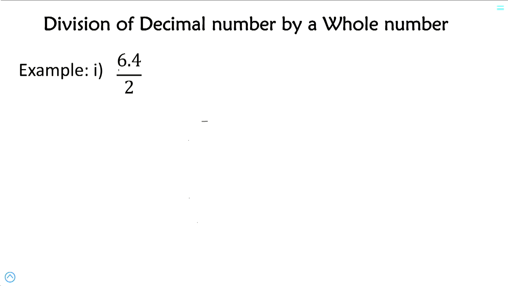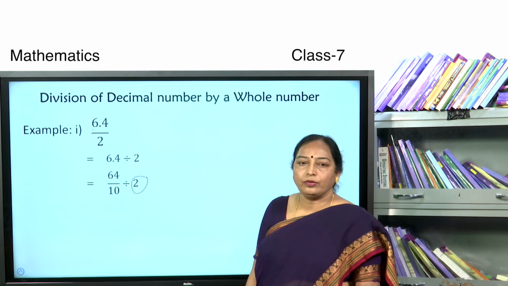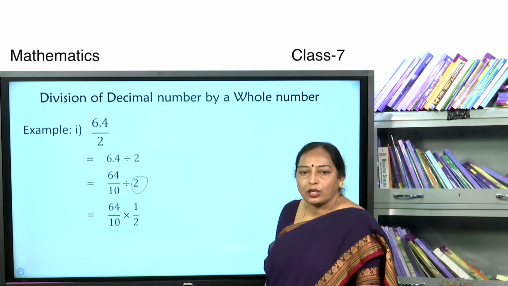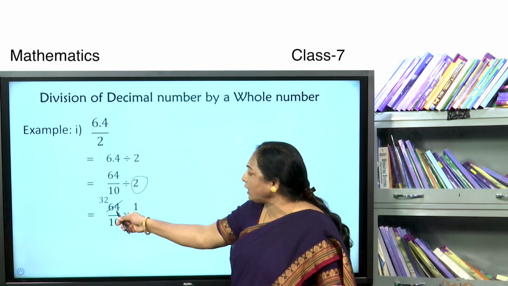For example, 6.4 divided by 2. Convert 6.4 into fraction form. It can be written as 64 by 10 divided by 2. 64 by 10 is multiplied by the reciprocal of 2, that is 1 by 2. 64 and 2 have a common factor, both are divisible by 2. 2 ones are 2, 2 32s are 64.